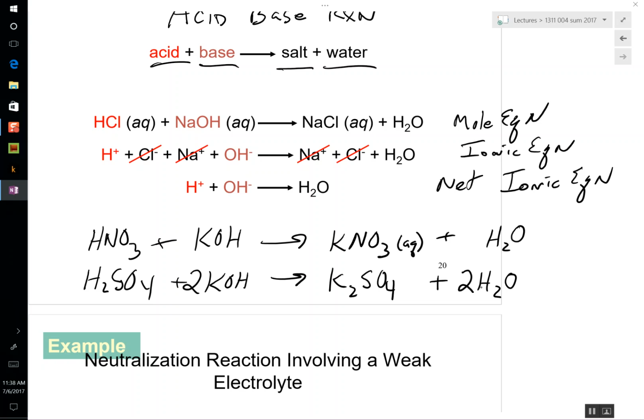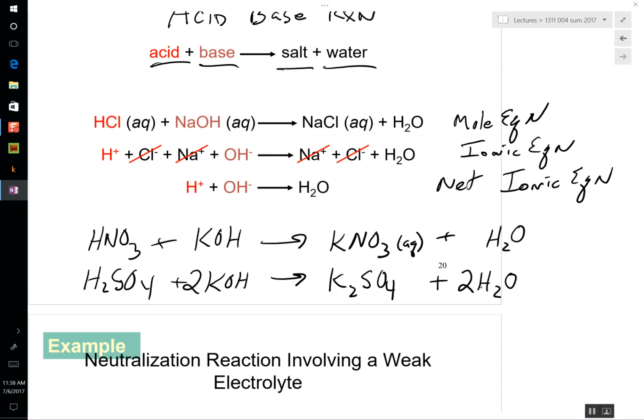I've got 1 sulfate. Perfect. I've got 2 oxygens. I'm not counting those 4 because they're taken care of. So I got these 2 oxygens I worry about, and there's 2 oxygens in those waters, and it's balanced. And what's the point of this?